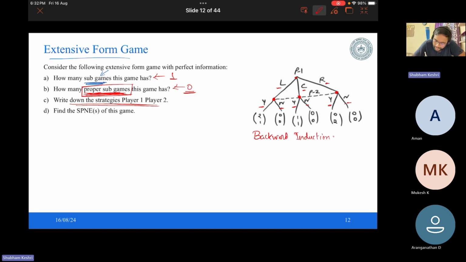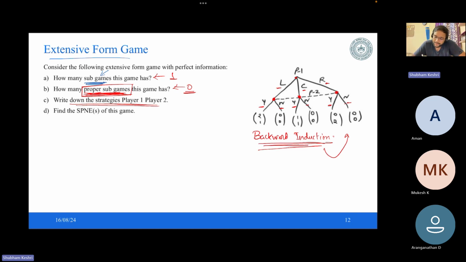Now, backward induction has some limitations, because of which you will not be able to apply backward induction in this game. Can you identify what limitation of backward induction will make it impossible to solve this problem using backward induction? Well, you don't know which of those three nodes you are on. Right. So player 2 doesn't know which node he is in. So you will not be able to apply backward induction.